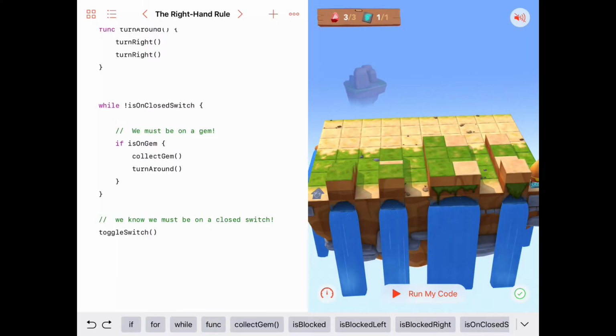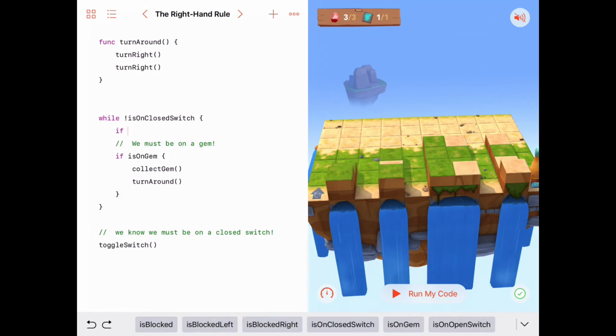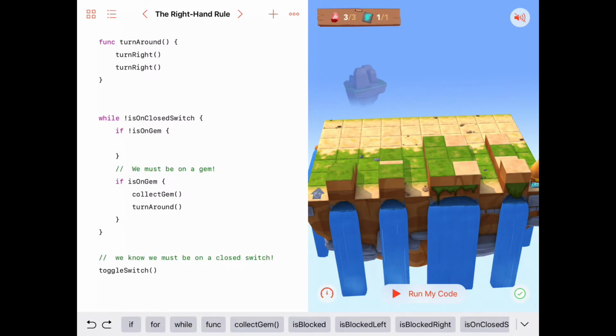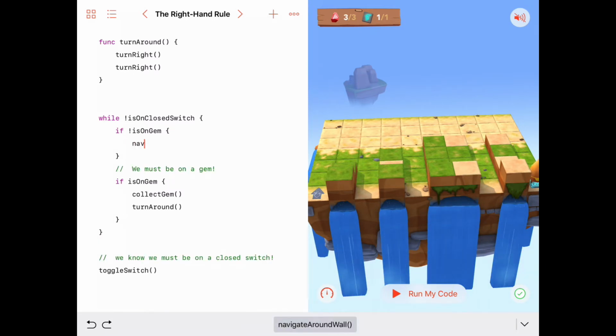So as long as this while loop is in here, we can just maybe say, as long as we're not on a closed switch, let's just keep navigating around the wall. Or actually, we can just do something like this. We can say, if we're not on a gem, then we just want to keep navigating around the wall.